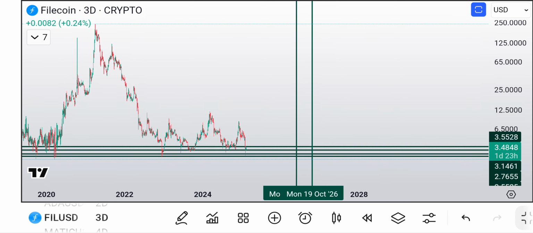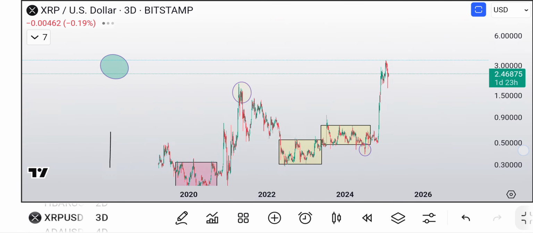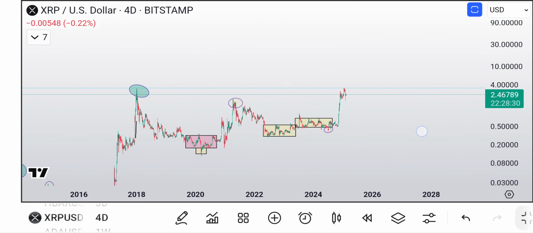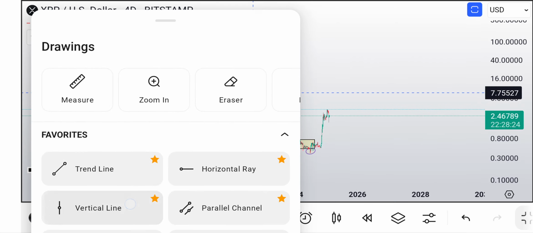Otherwise, it's different for XRP though. I think XRP, when we look at it, is probably much closer to the end of it, unless we have a big mid-cycle correction like we did back over here. So the most bullish thing for XRP would be to do that same thing, right?